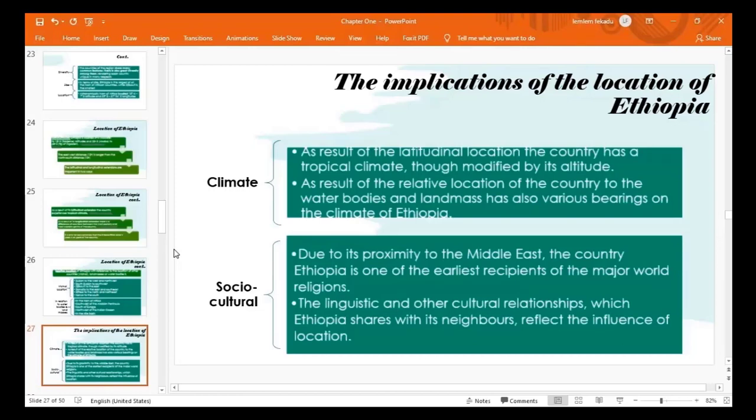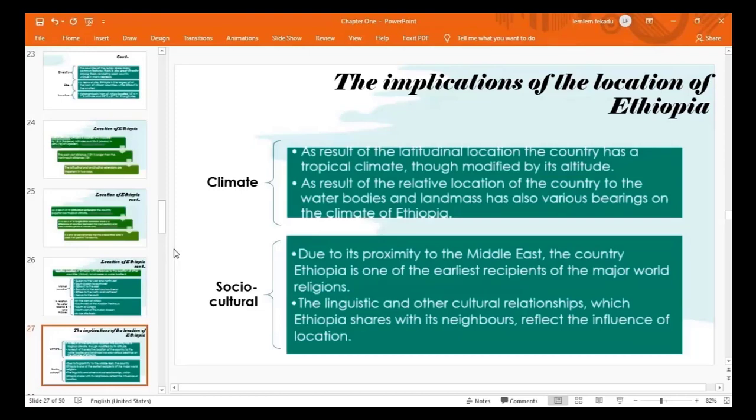As we have seen, Ethiopia is found within the tropical climate due to its latitudinal location, and also due to the relative location of the country to the water bodies, for instance, its proximity or nearness to the Indian Ocean, Red Sea, and landmass of Africa and Asia.